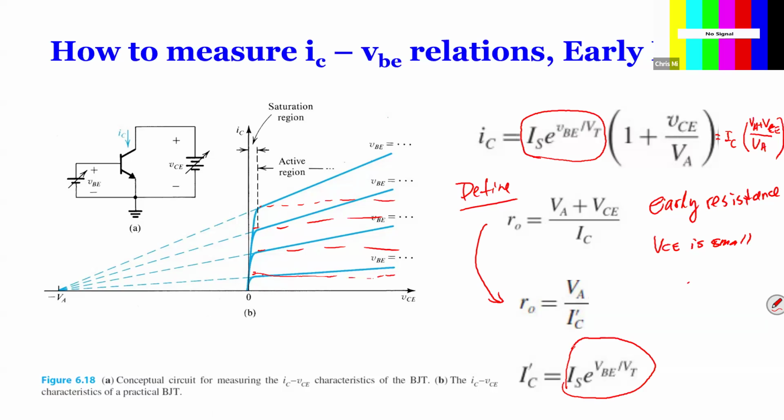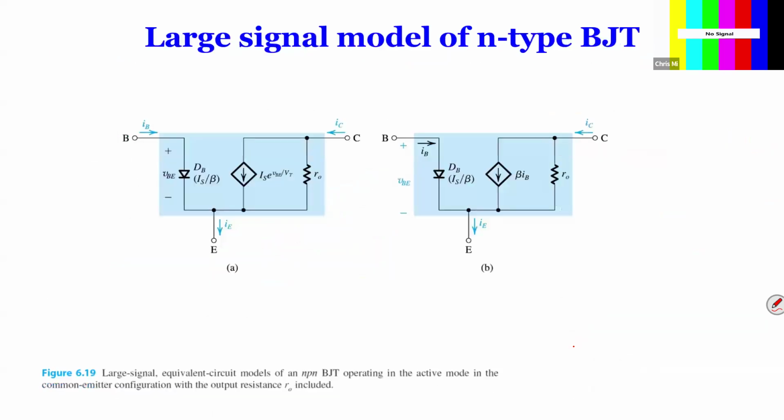So what this gives you is a very interesting equation: the current IC is no longer just this, it has VCE over RO, added to the equivalent circuit.